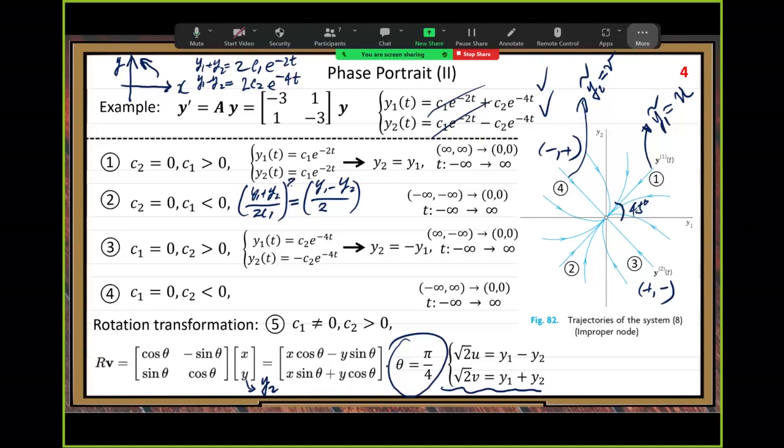The square of the first one equals the second one, because the square of the negative 2t term gives the negative 4t term.